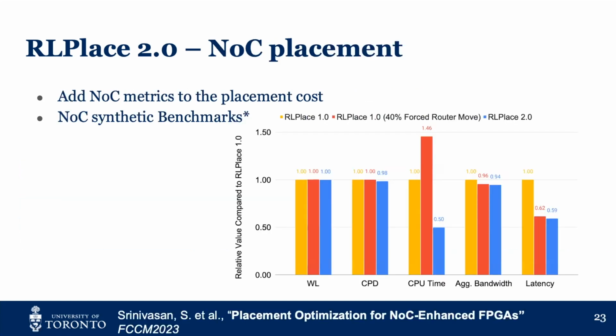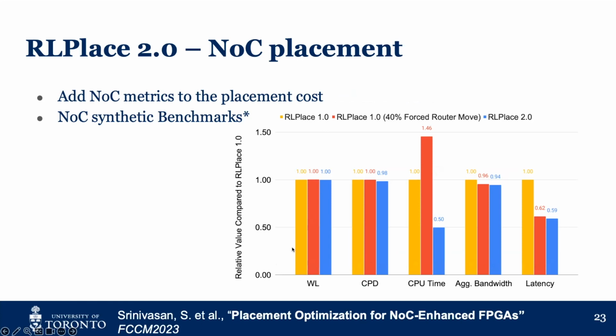To further test the robustness and adaptability of RLPlace 2, we compared it to RLPlace 1 when trying to place NOC synthetic benchmarks to target an FPGA with hard NOC routers. So we added some NOC metrics to the placement cost, like aggregate bandwidth and latency. And this graph is showing a three-way comparison.